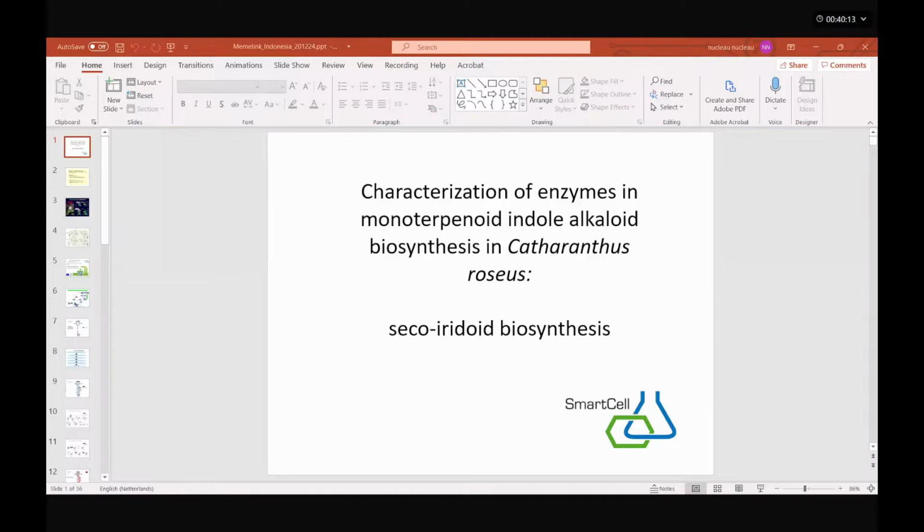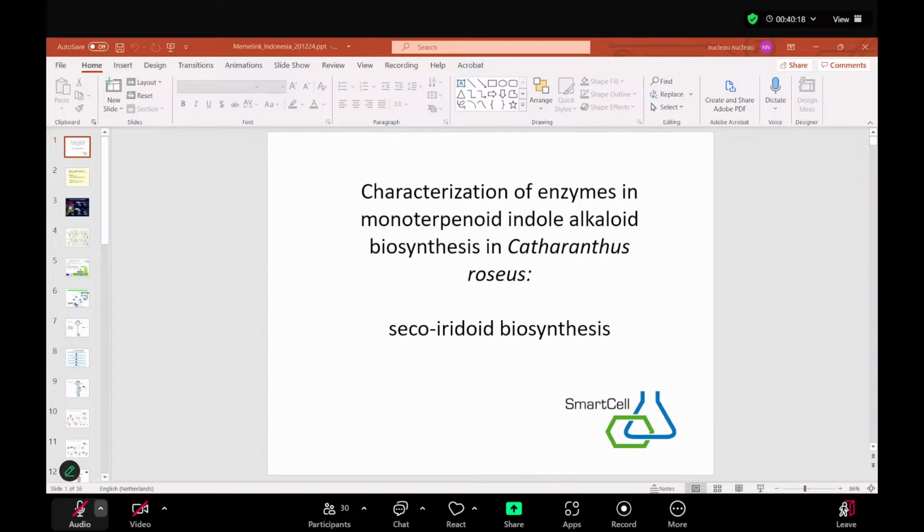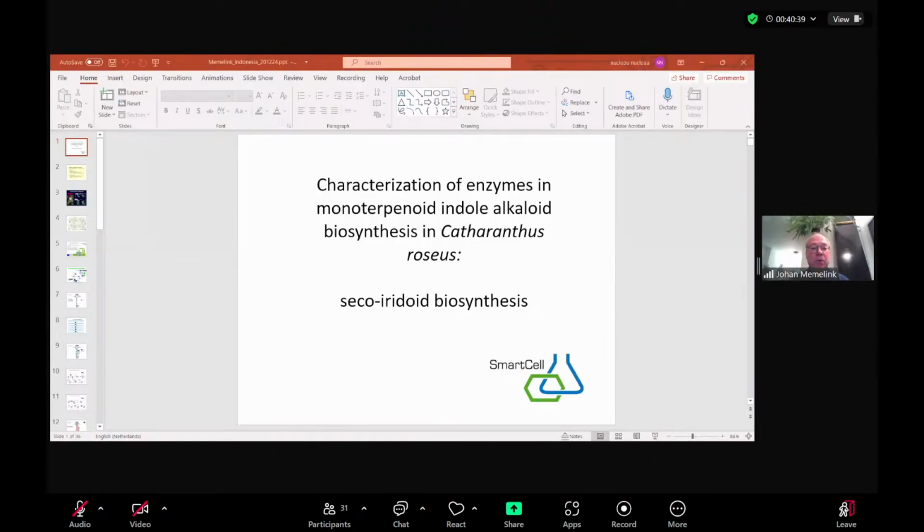So these alkaloids belong to the large class of natural products from plants. These are called natural products or secondary metabolites or specialized metabolites. In general, they are organic compounds of molecular weights around 1000 Dalton. And they have important roles in plants.